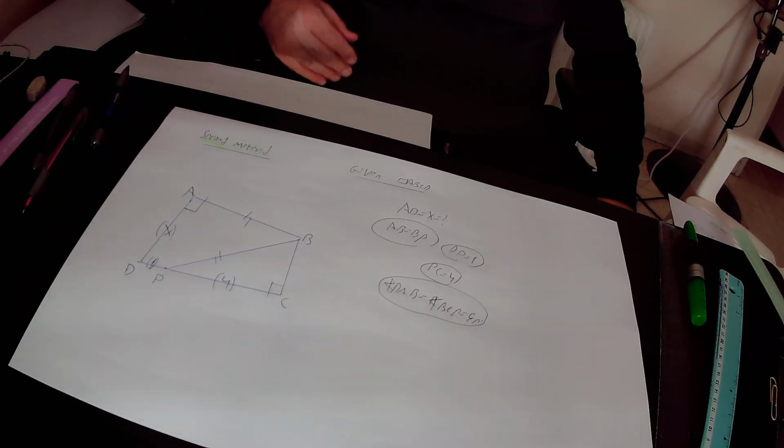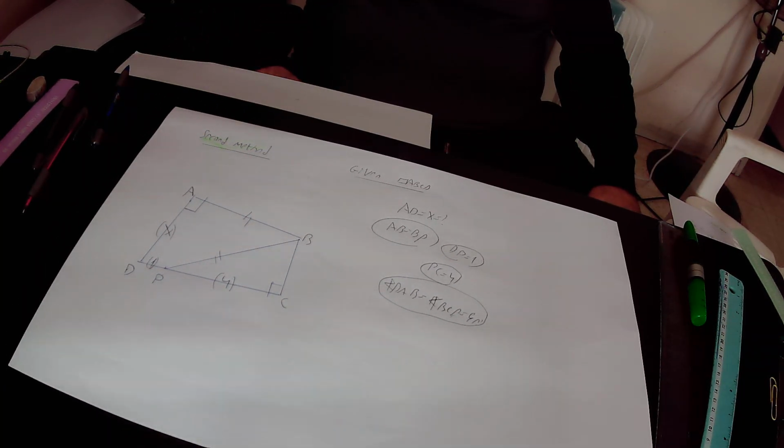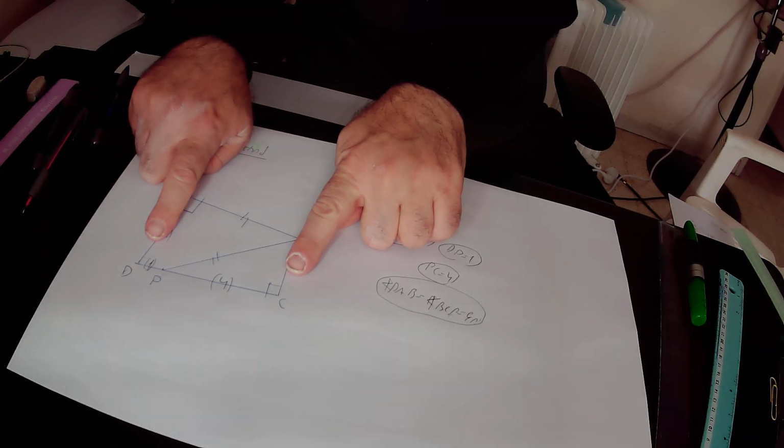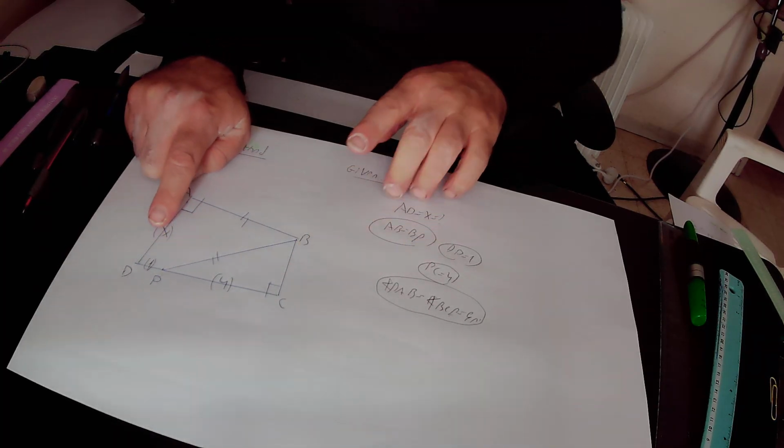In the second method, we will do a construction, that is to say, we will extend side DC of this quadrilateral ABCD by 4 units. I repeat again, we will extend side DC of quadrilateral ABCD by 4 units.